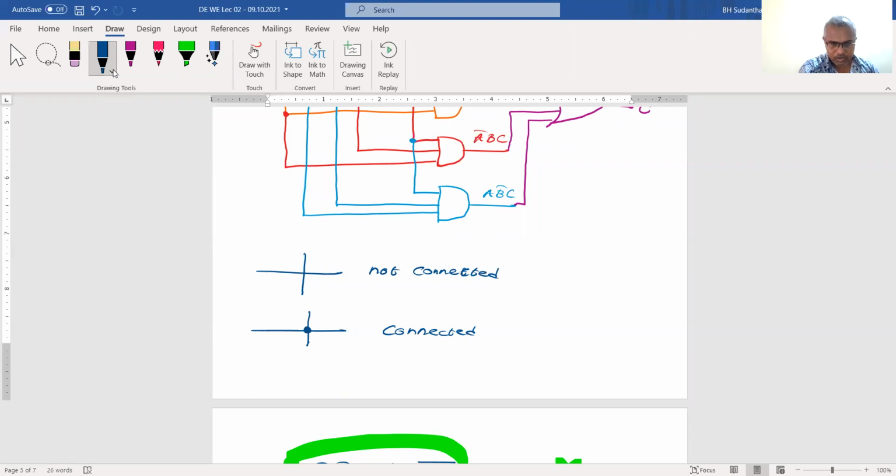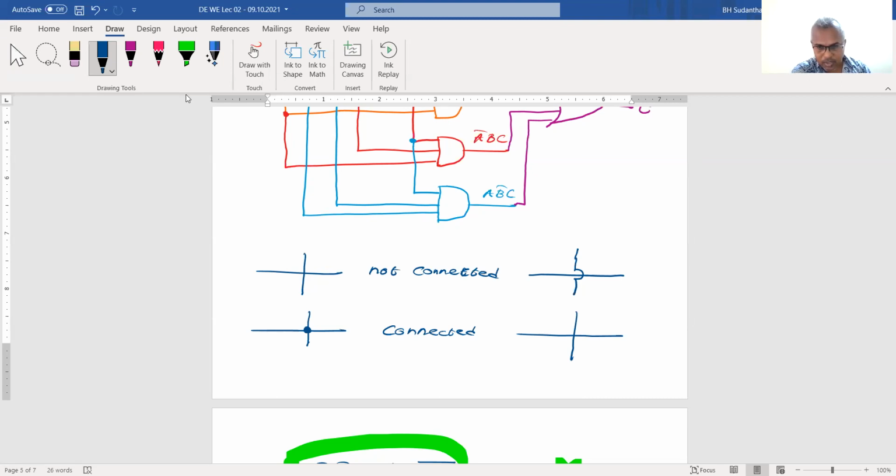To have a connection, you have to put a dot here. Then otherwise it's not connected. The other way, if it is not connected, you have to jump over the wire, like this. But here, when we draw something like this, it's connected. These are two different conventions, but you have to use one of these, not both.